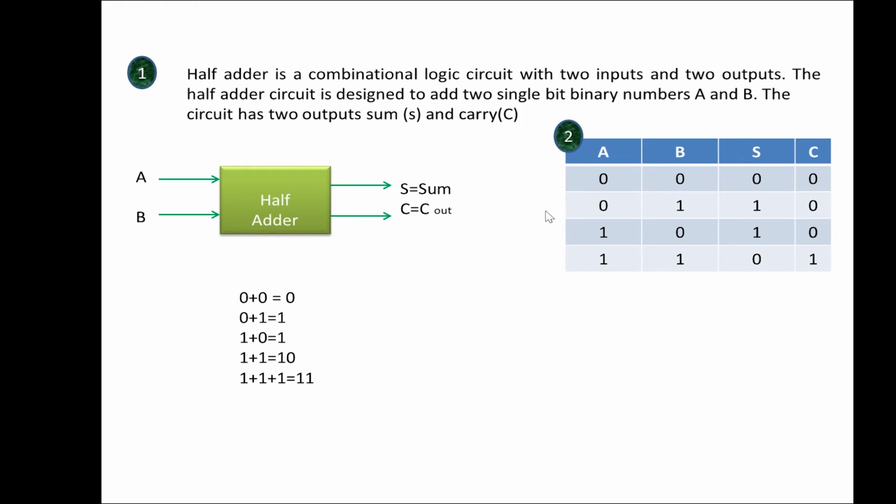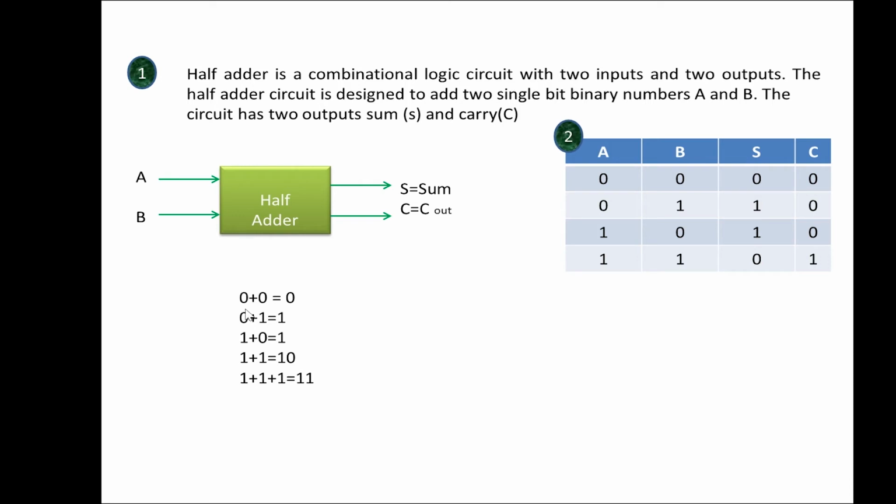Next, how to prepare the truth table with all possible inputs. Here we take A and B, the single-bit binary numbers, and the outputs are sum and carry out. All possible inputs are 00, 01, 10, 11.